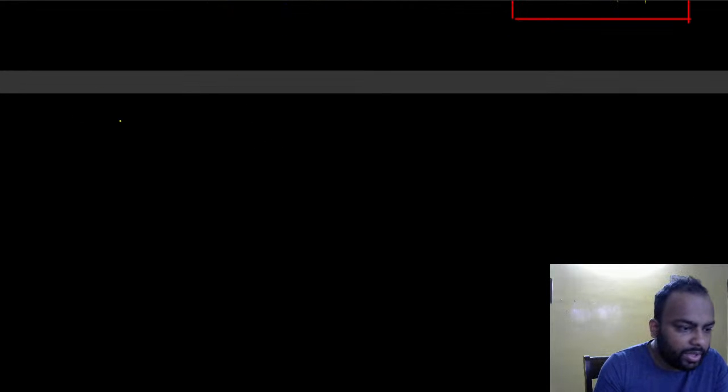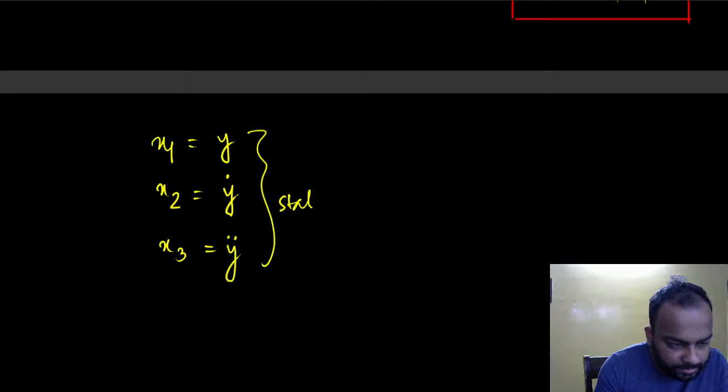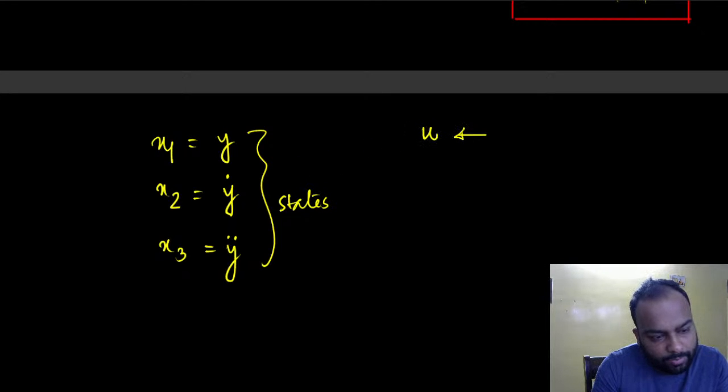All right. So we are assuming x1 to be y, x2 to be y dot, x3 to be y double dot. These are the states. And we are assuming u to be the input, y to be the output.